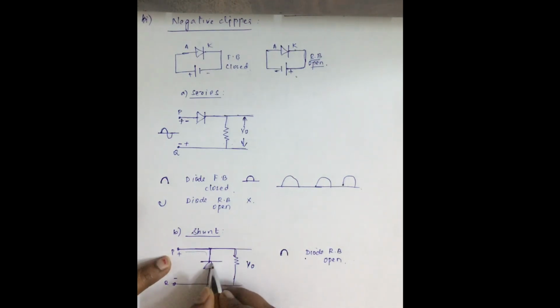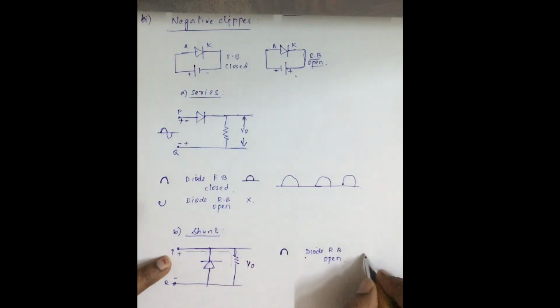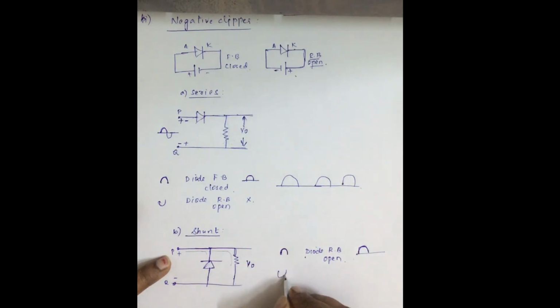Therefore, the entire current will flow across the resistor and you are taking the output from this resistor, so you will receive the complete input at the output.